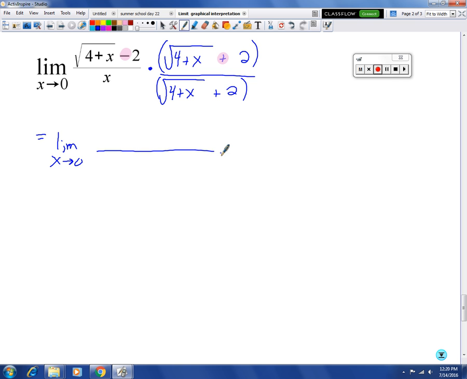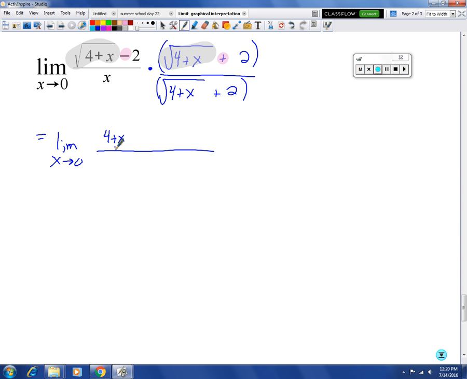All right, let's do the numerator. When we multiply a square root times another square root, and the radicand, what's inside, is exactly the same, all we do is lift the radical sign. So the square root of 4 plus x times another square root of 4 plus x is just 4 plus x without the radical anymore.